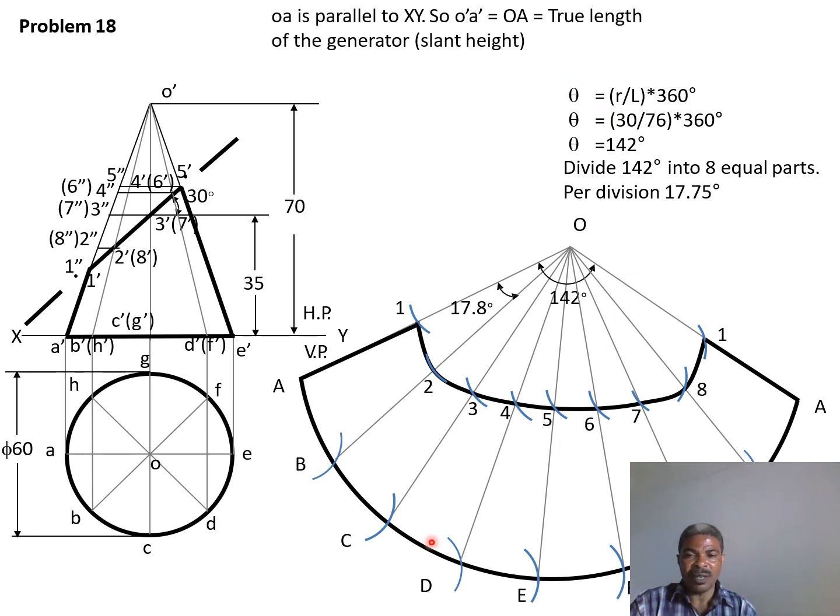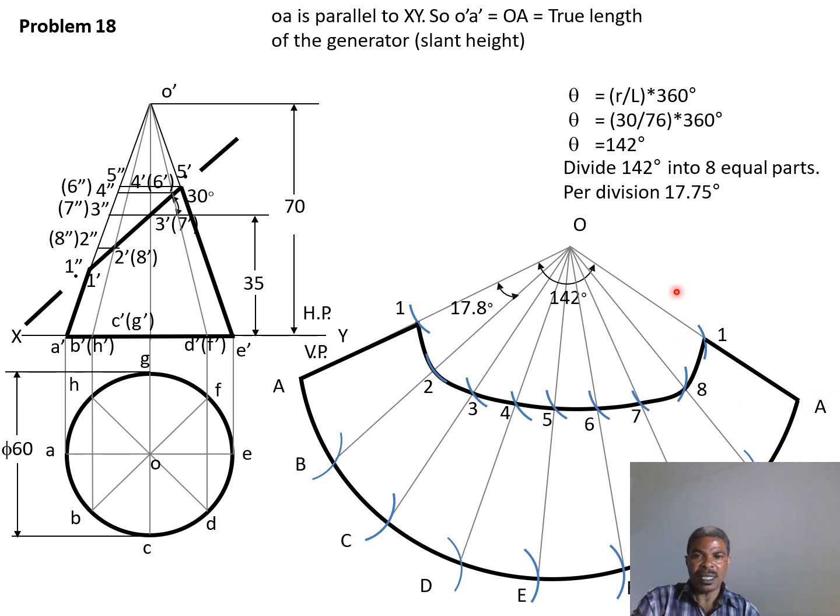This angle is obtained by R over L, multiplying the ratio by 360 degrees. Then you get the theta. Theta is our interest, the angle turned. The angle turned indicates the distance covered by this development from A to A.